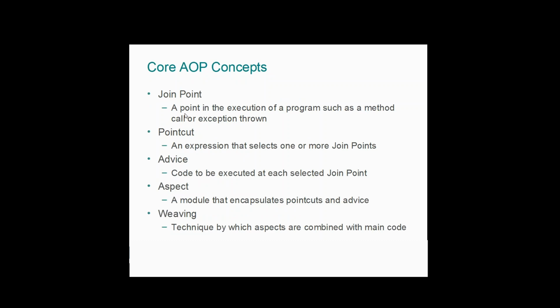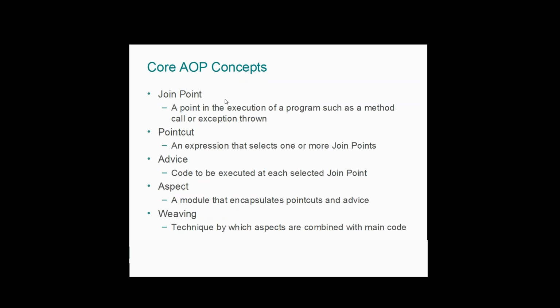A join point is a point which already exists in your program. All the existing methods are called join points. It is a point in the execution of the program, such as a method call or exception thrown. Those are the points where I can go and insert code.